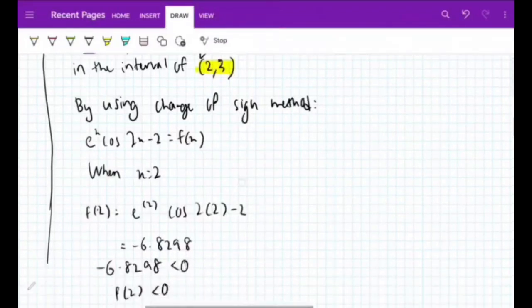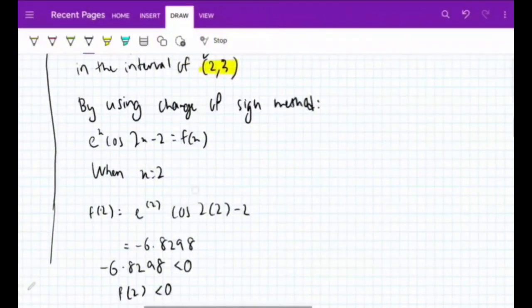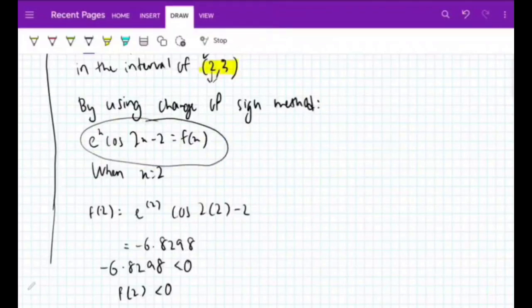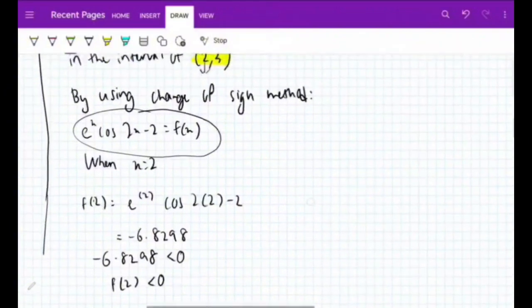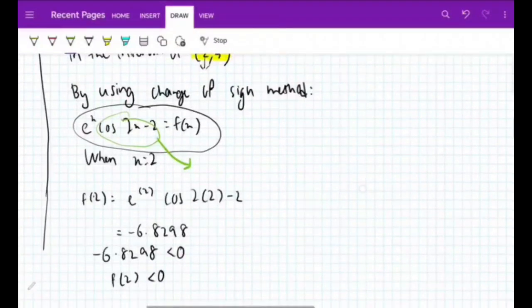First, we substitute the first value of the interval, which is 2, into the x values of this equation. As we can see here, this is a trigonometric function, this term is the trigonometric term cos.